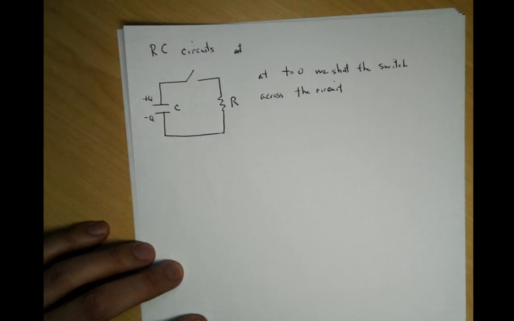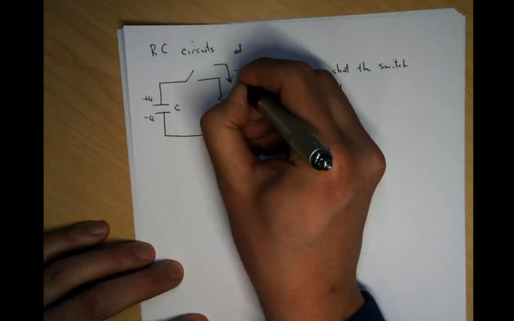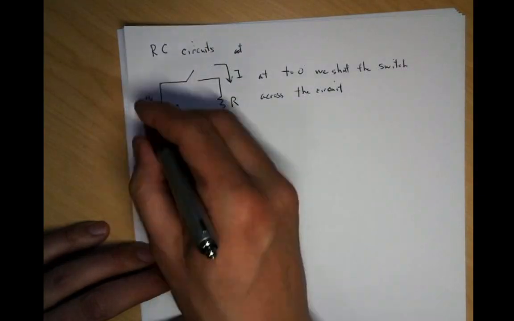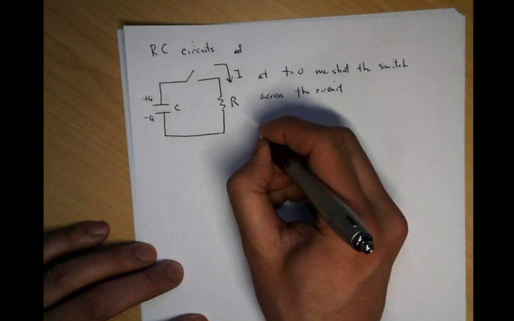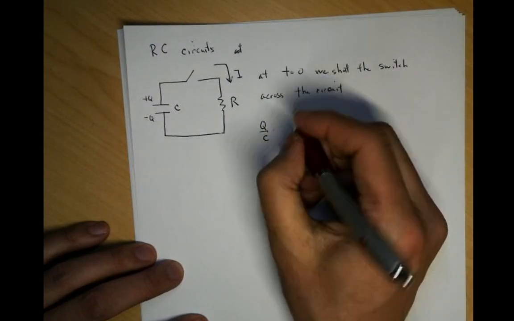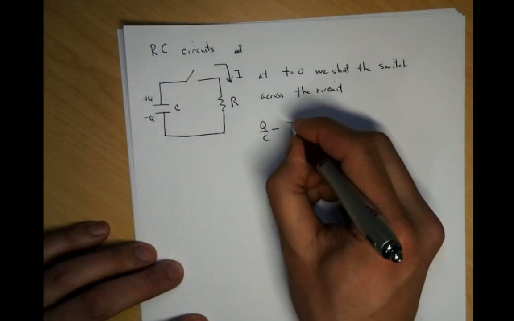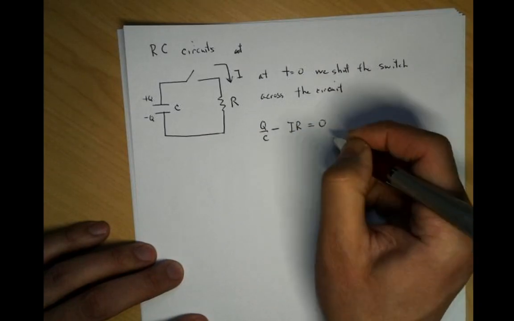Make sure I understand this one completely. Okay, let's just do it this way. I'm going to draw my current in this direction, right? The initial voltage here was basically Q over C, minus now, going across this one, IR equals 0, right?